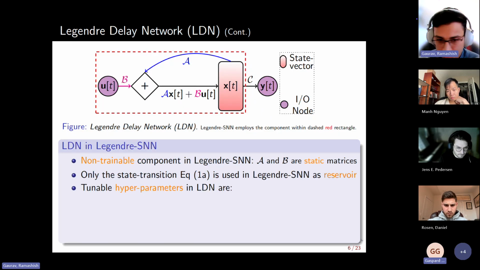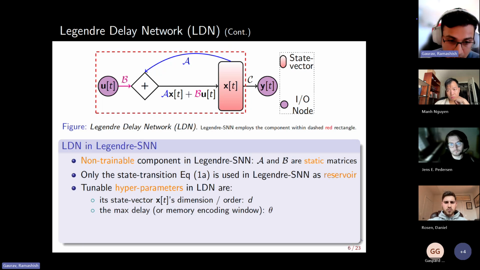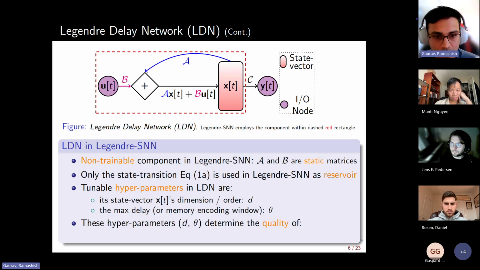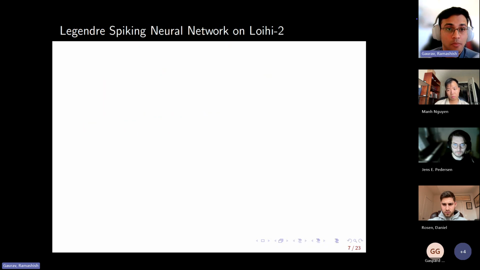The tunable hyperparameters of the LDN here are the state vector x(t)'s dimension or order d, and the max delay or the memory encoding window theta of the LDN. These hyperparameters d and theta determine the quality of the state vector x(t), and henceforth the temporal features, as we will call them here. Okay, now let's talk about Legendre spiking neural networks right away on the Loihi-2 chip.